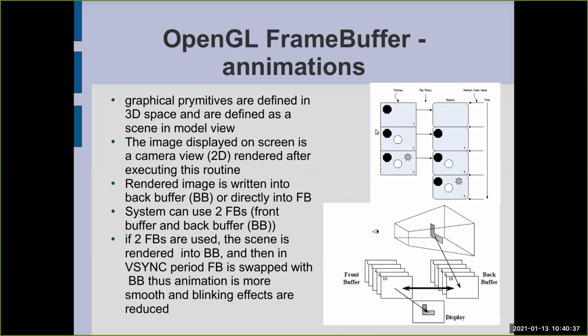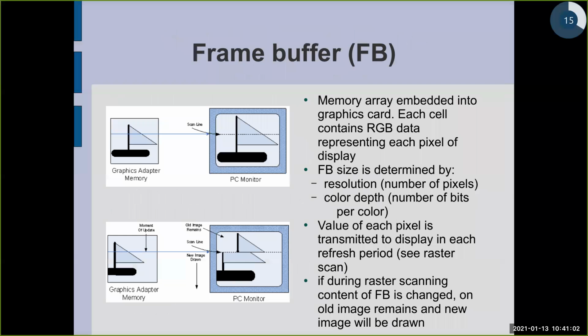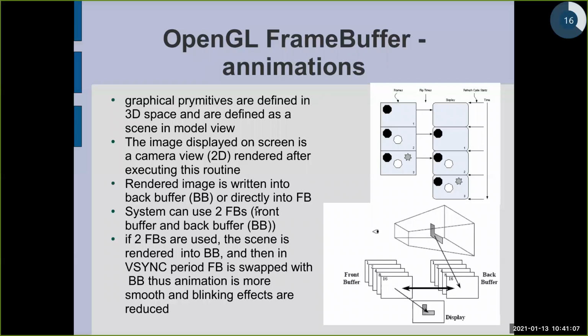Okay, so how can it be solved to make animation not more fluent, because the fluency of animation depends on graphic card performance and other factors which are not related to the frame buffer. But these effects are related to the quality of the animation.